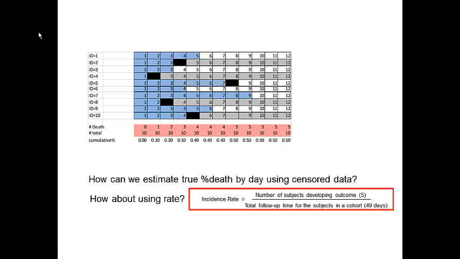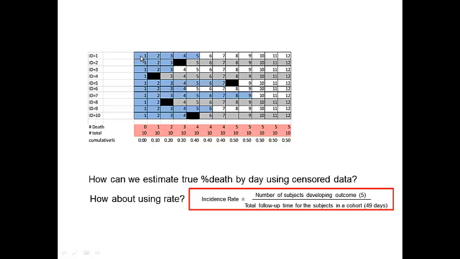A rate is computed by dividing the number of subjects developing the outcome by the total follow-up time for the subjects in the cohort. We count 1, 2, 3, 4, 5 events, which we put in the numerator. And let's count the total number of follow-up days.